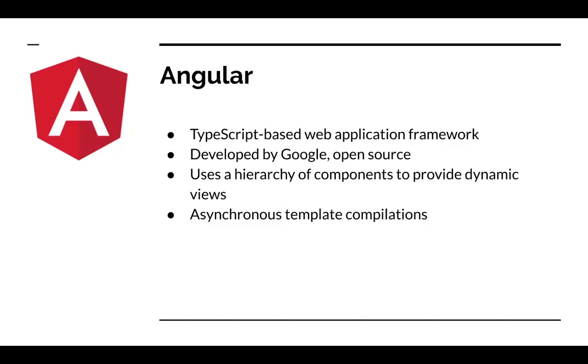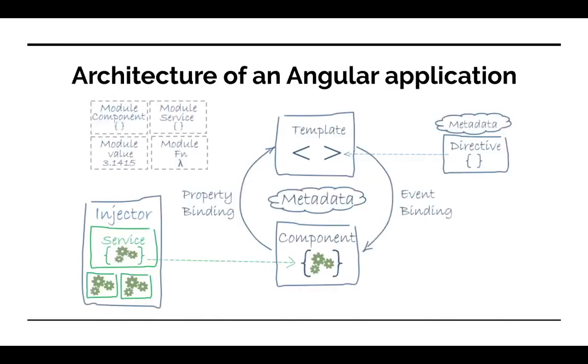And it uses a hierarchy of components to provide dynamic views through what's called asynchronous template compilations, which is a pretty technical description, so I thought it might be helpful to show a diagram of how these different pieces work. So within your Angular application, you would have templates essentially within your HTML.